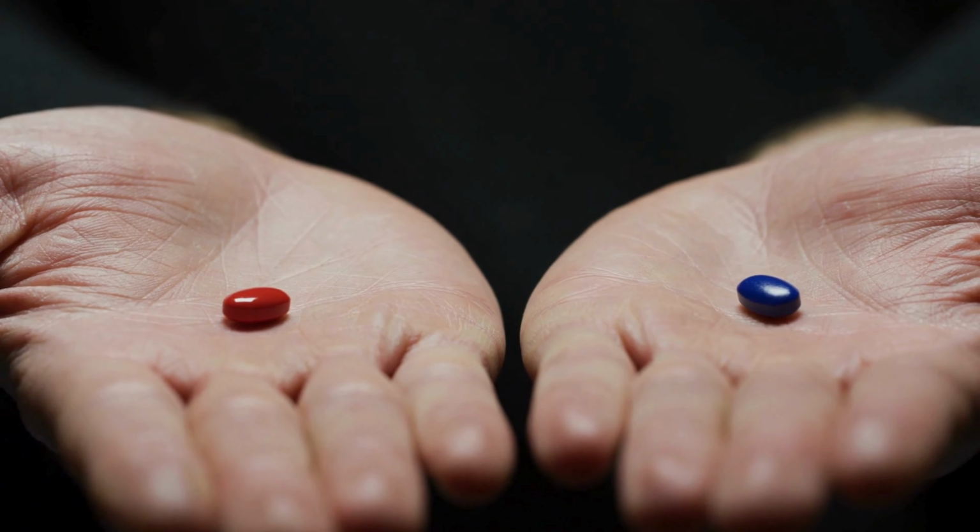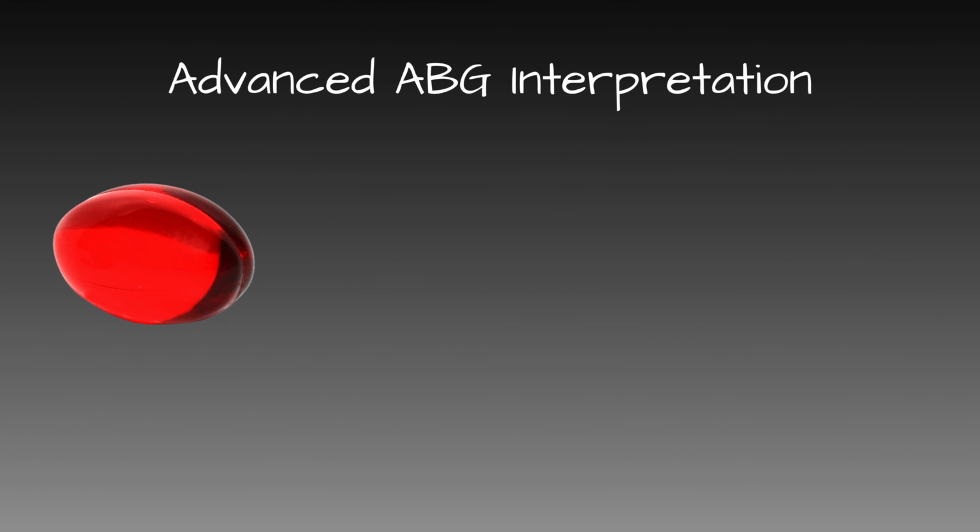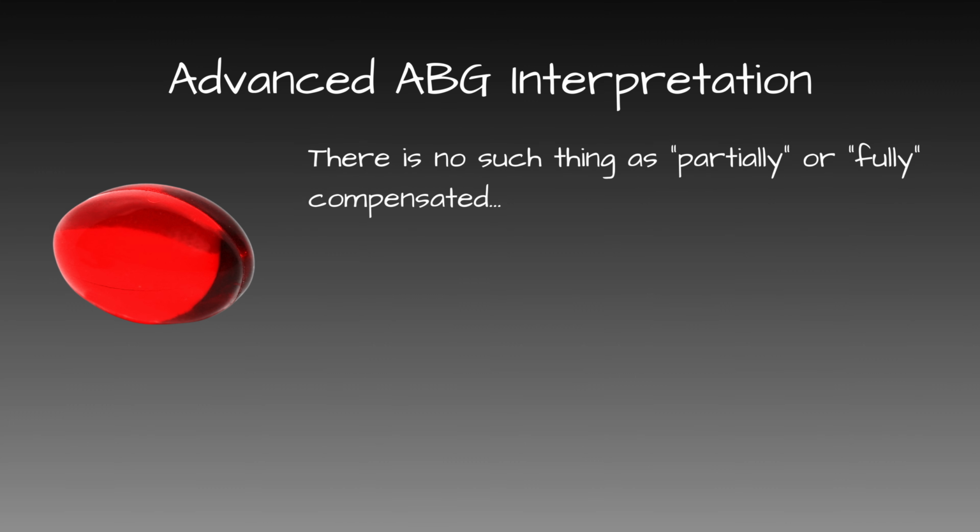Brace yourselves. The ABG interpretation that you know and that I just reviewed is actually not entirely correct. I taught it to you this way because this is how you will be tested on it. But in real-life practice, there is actually no such thing as partially or fully compensated.